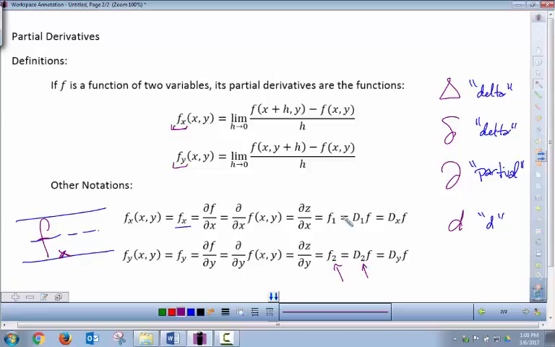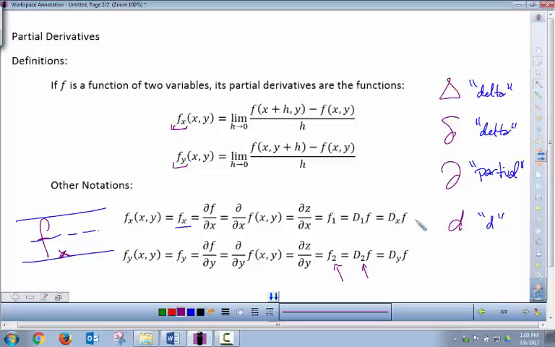Also, the capital D is another common notation to say derivative. This is your derivative, and if you put a subscript, then it's a derivative with respect to whatever variable you're dealing with. Mathematica uses a capital D. So the one is just the derivative of that variable one? Yeah, so the first variable.